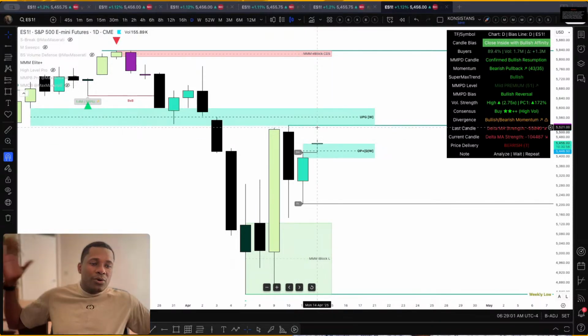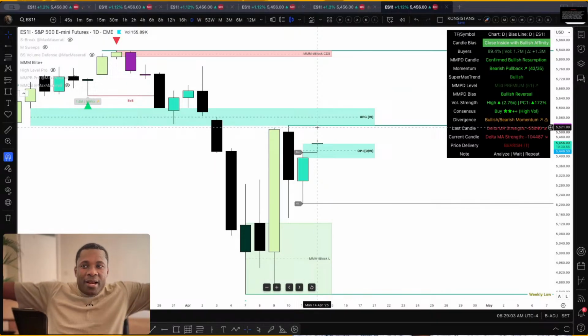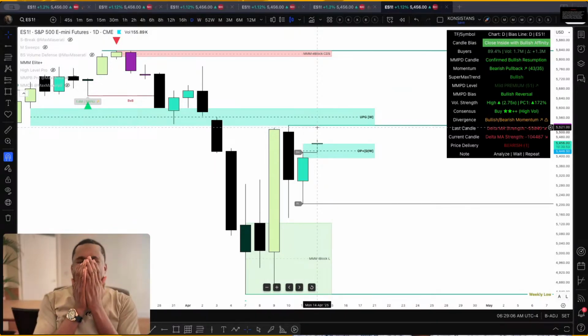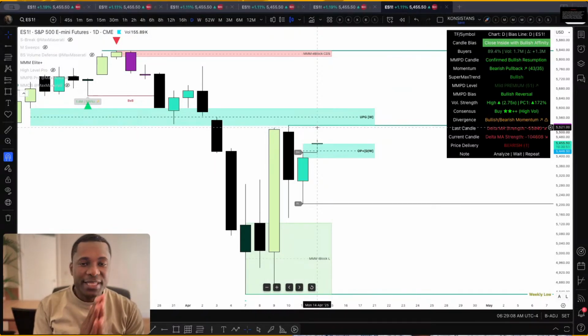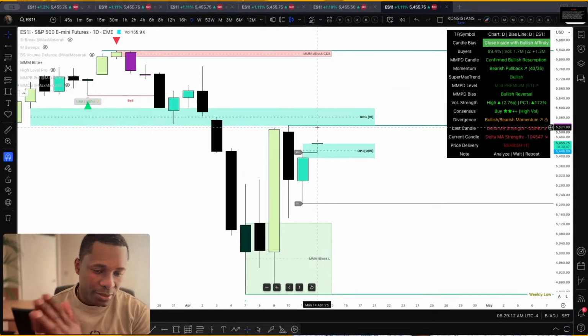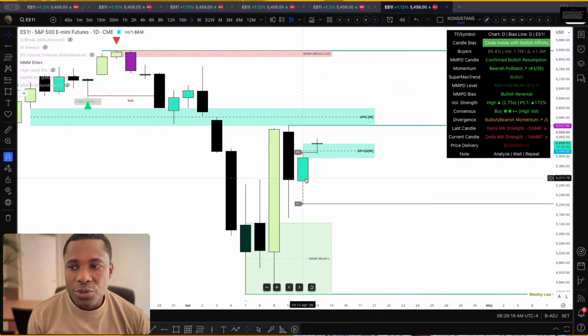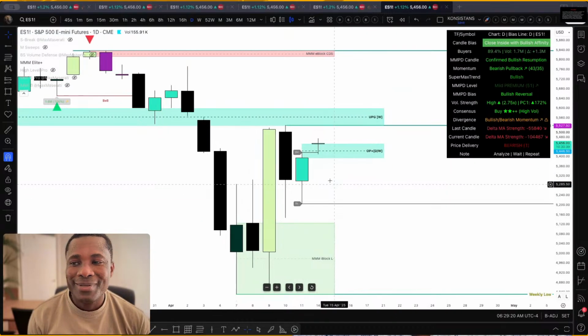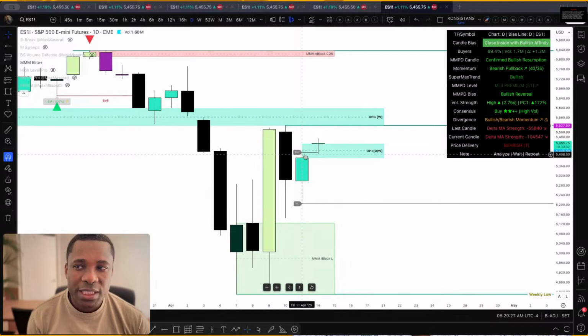On the daily, we don't have a daily candle close here because it's Monday. It's better to wait for the Monday candle to close. But what do you have? You have this bullish affinity plus. However, price already delivered. Price already did what it was supposed to do on the daily candle.